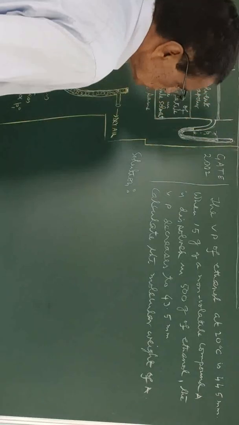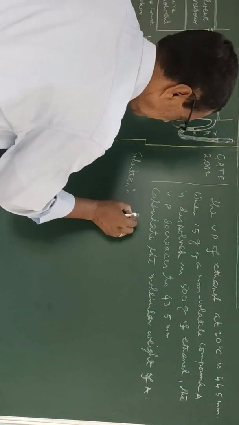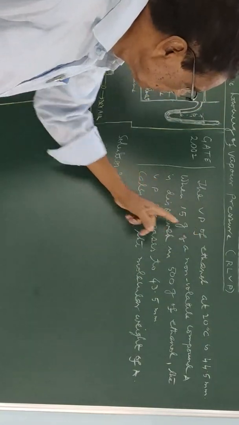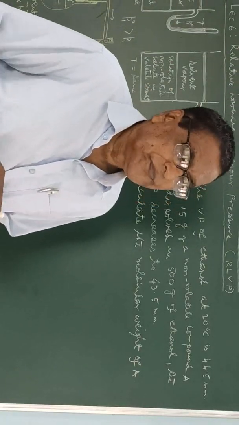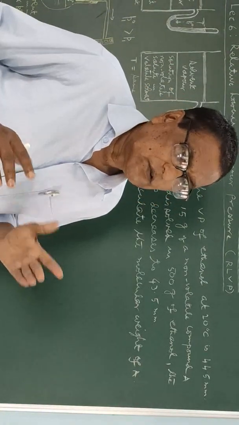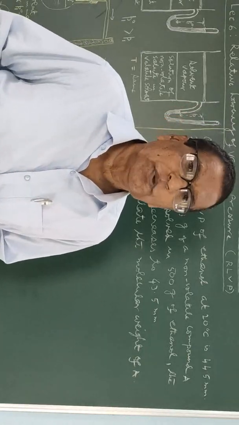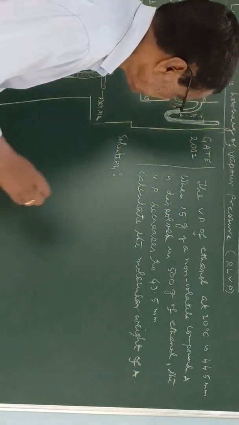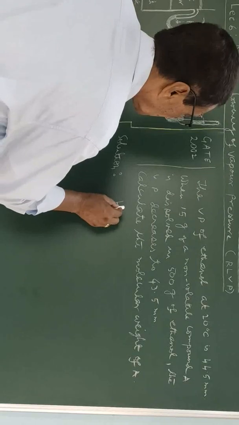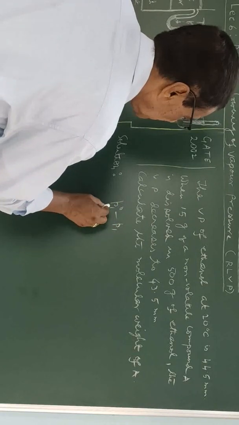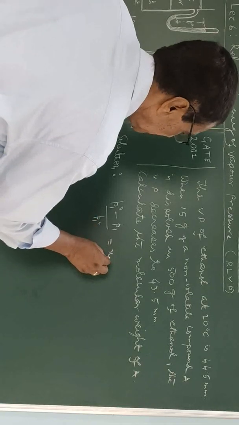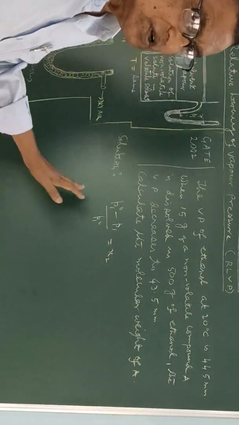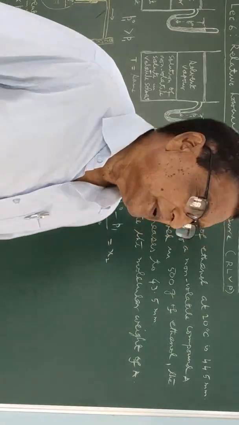So here the solution to the problem could be obtained by using Raoult's law of relative lowering of vapor pressure. Say (P1 naught minus P1) divided by P1 naught equals X2. This is Raoult's law of relative lowering of vapor pressure.